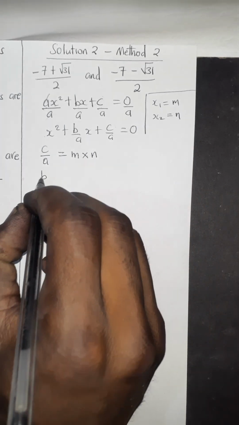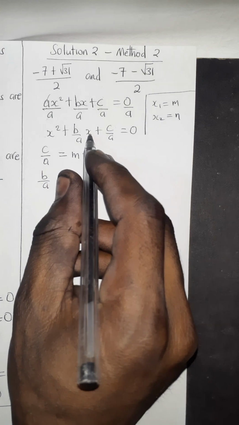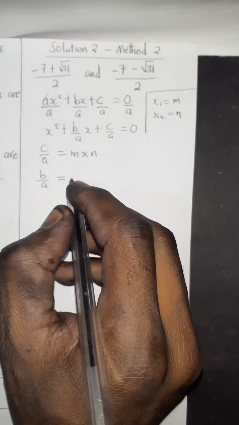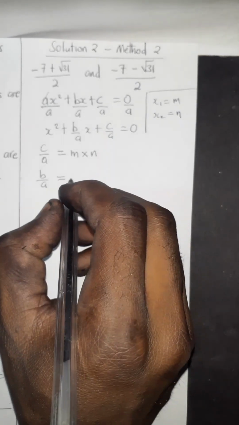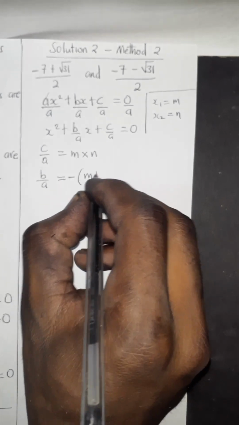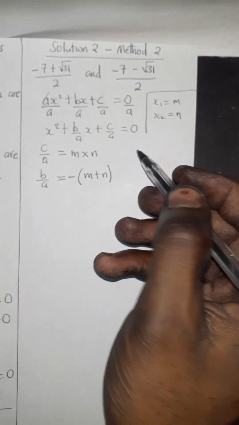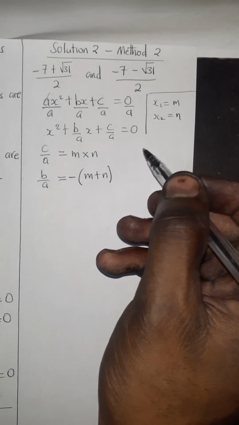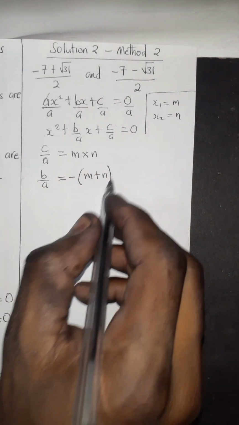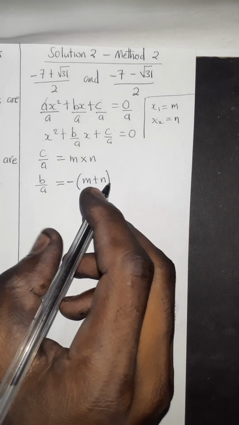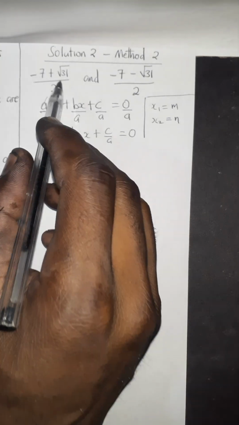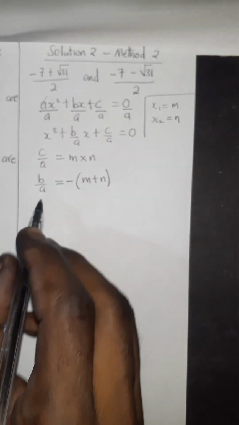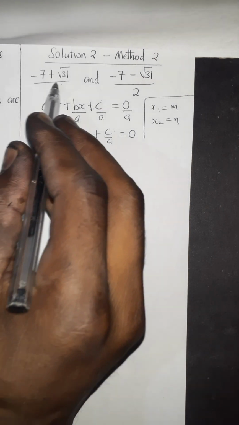And to find b over a, which is the coefficient of x, we say it is equal to negative bracket m, which is x1, plus n. We just add these two. Now, using this analogy, we get back to x1.